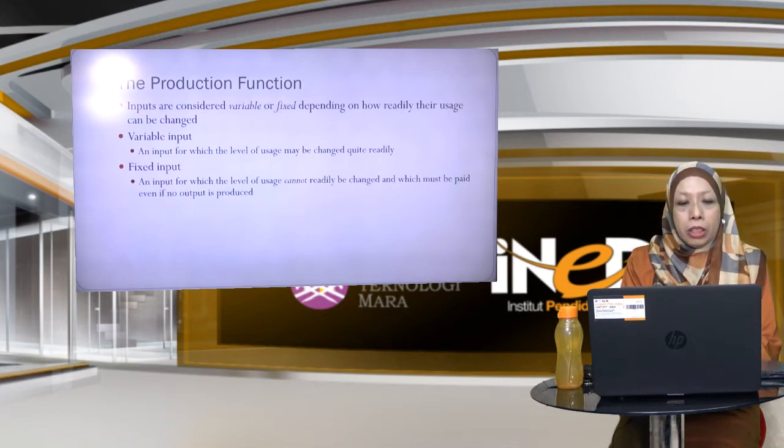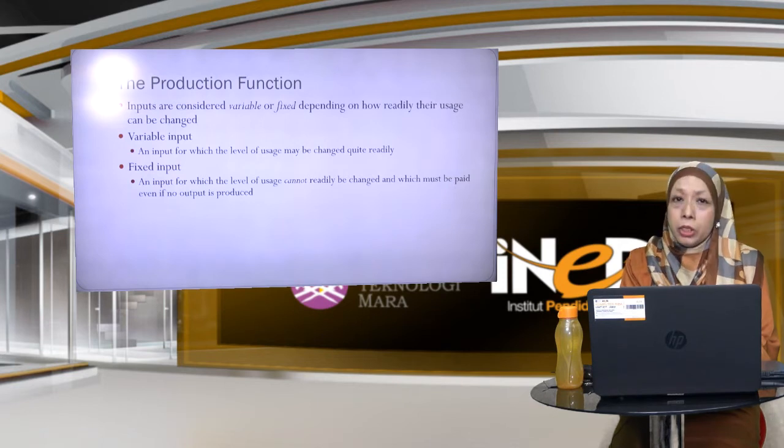Fixed inputs are inputs whose level of usage you cannot change. It doesn't matter how much you produce, the amount of fixed input that you use is going to be the same. So if you're not producing anything, you still need to pay the cost of this fixed input.